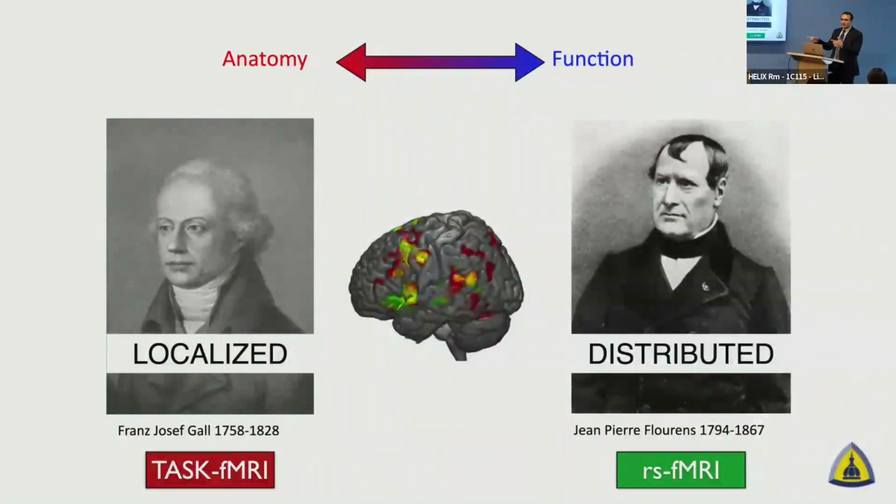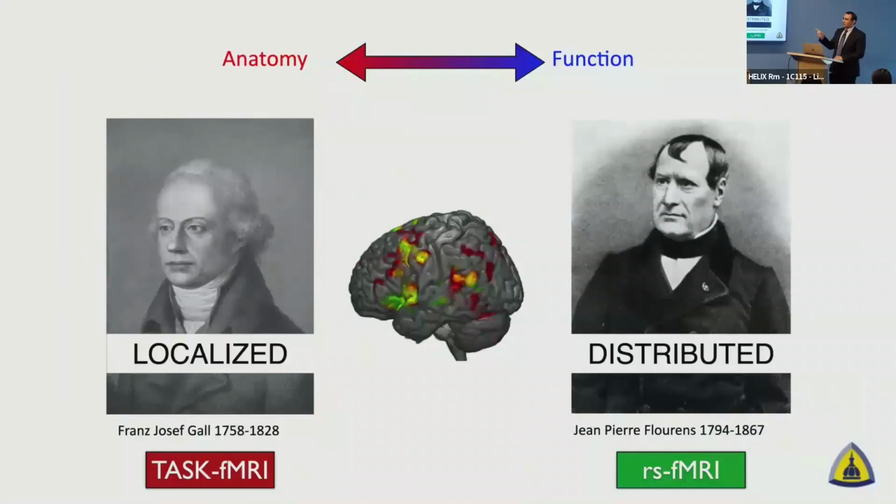Anybody know what phrenology is? It's a science, or pseudoscience, of determining human faculty, how good people are at things cognitively, based on the shape of the skull. Franz Gall was the one who introduced that. Now, how many of you believe phrenology? Okay, good. Nobody really believes it anymore.